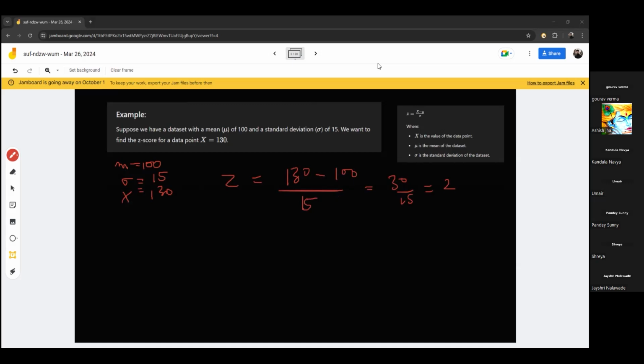Very fast answer, very very easy question, right, that's why. Okay okay, so tell me, is it outlier or not outlier?